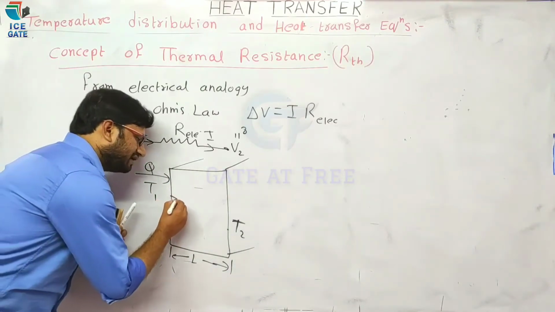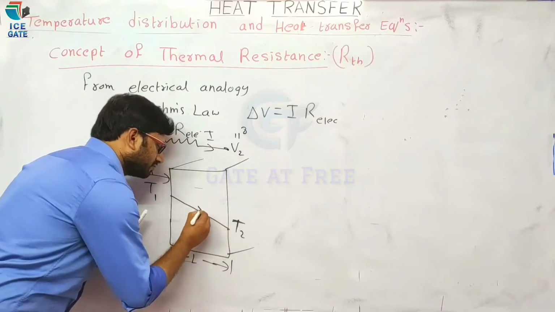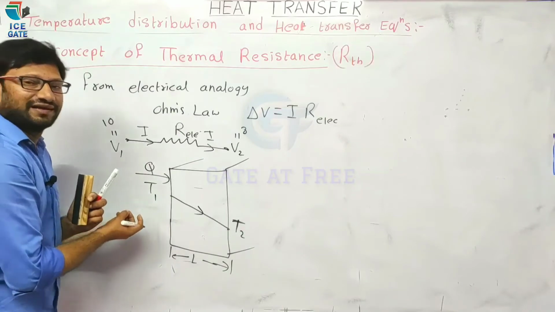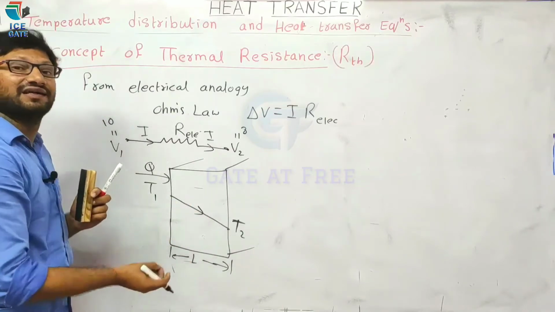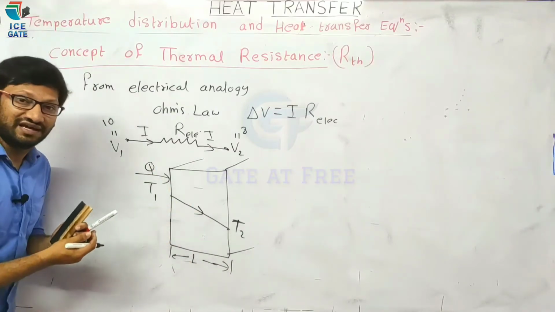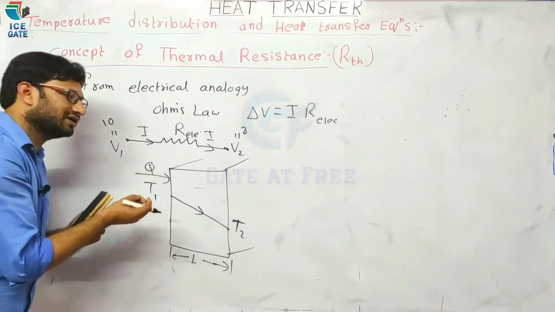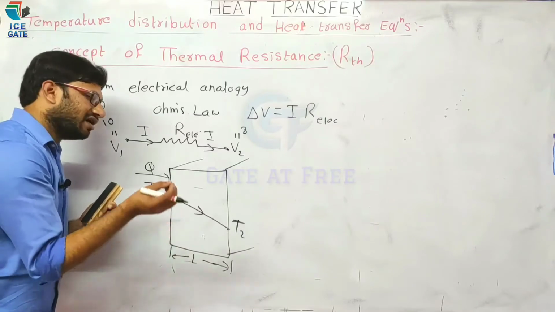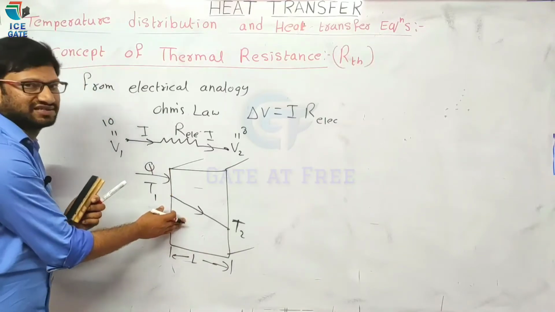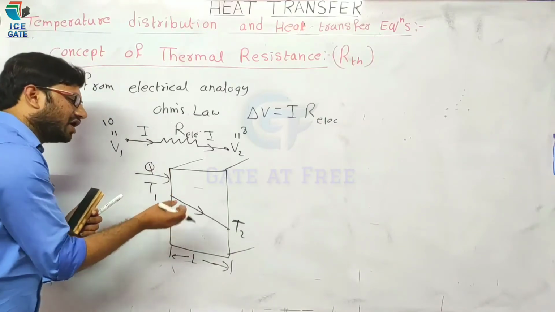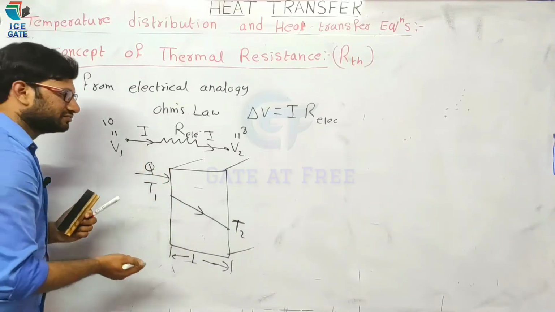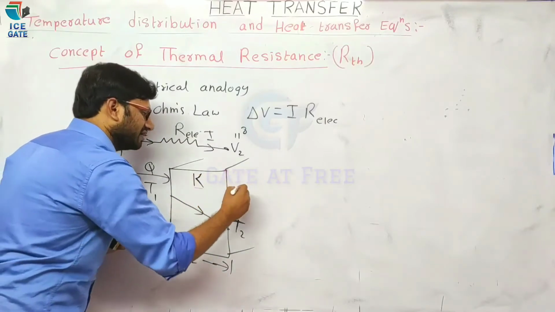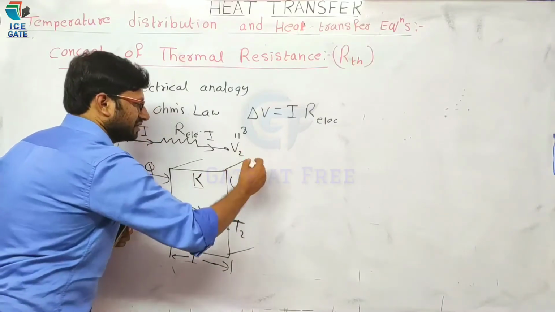There is a temperature drop due to some resistance. That resistance is known as thermal resistance. Now we have to find out what are the parameters which offer the resistance. Now how to find out the parameters? The thermal conductivity of the material is K, and it has some area.